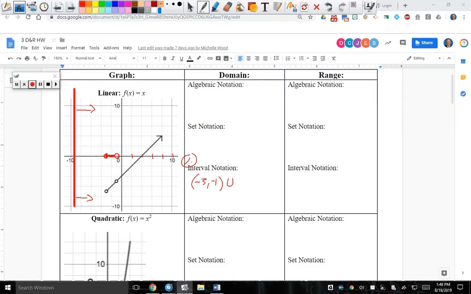Negative 1 and less than. So negative 1, no less than, because this is interval notation. Oh, right. So negative 1 all the way to what? Infinity. All right, parentheses or brackets, help me out. Parentheses on both, because they're open circles. They're not touching, okay? So open circles on both.